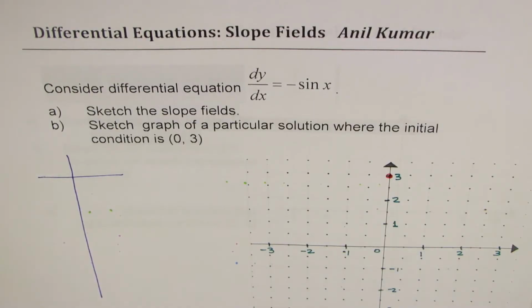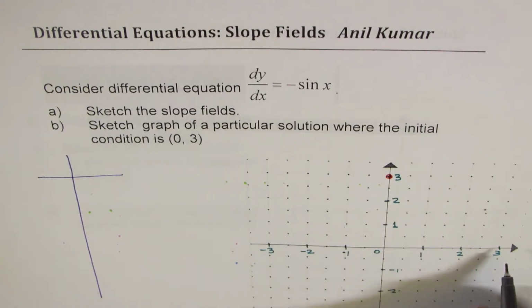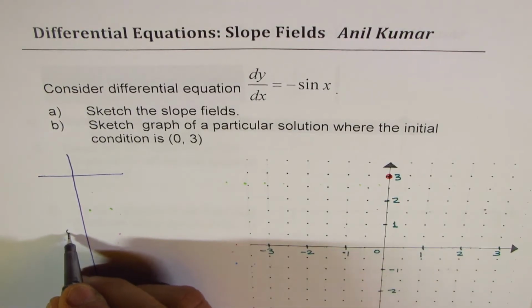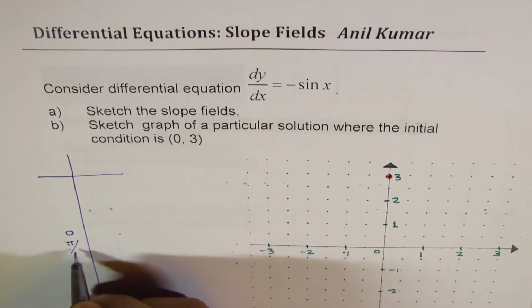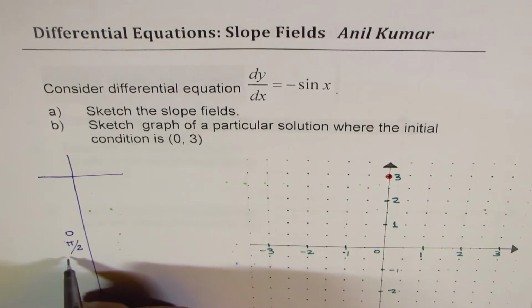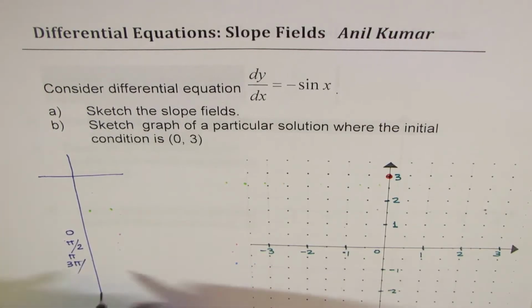That would be a better option, right? Beginning from the left side to the right side, we could take values, let's say 0 in between, right? So we could go pi/2, pi, 3pi/2, 2pi, correct?